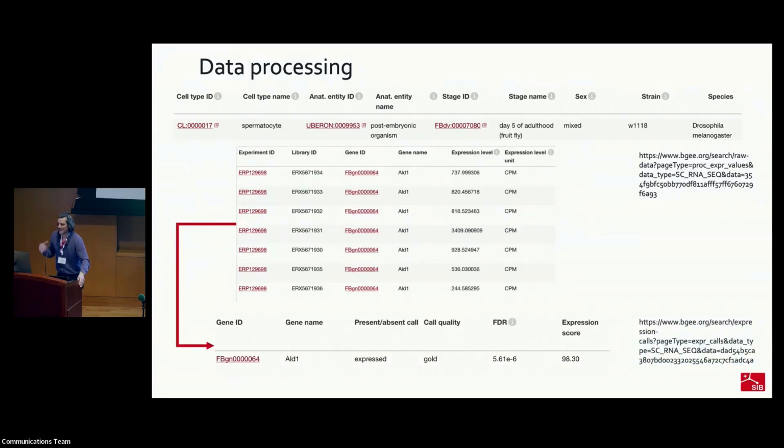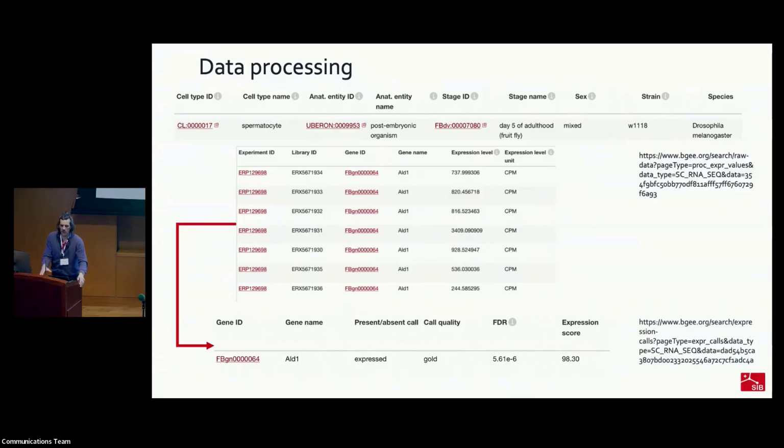But at Bgee, we're going to integrate all this information to provide one evidence of expression using our expression score, integrating all data available. So here from these 7 libraries, we end up computing an expression score of 98 over 100, so a very high expression of that gene in the cell population. We also provide a p-value representing how confident we are that this expression is a true signal, not a spurious, noisy expression coming from single cell data.